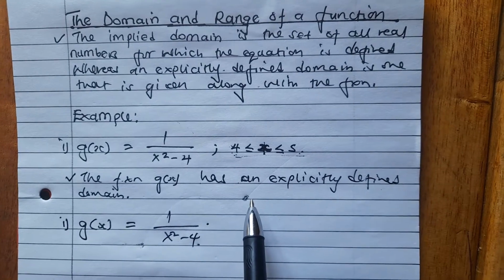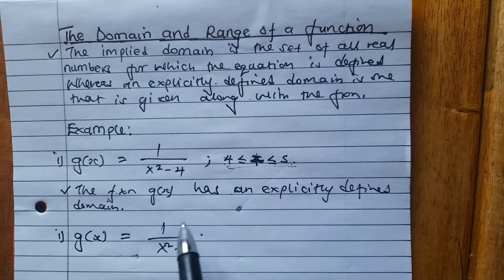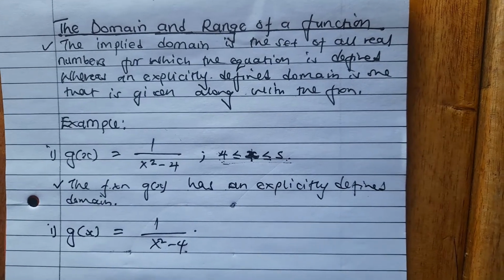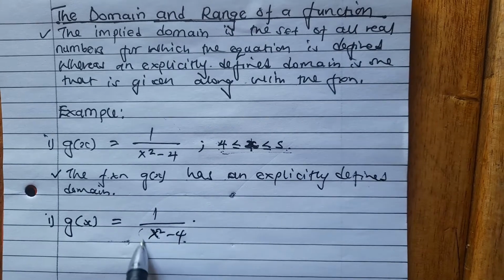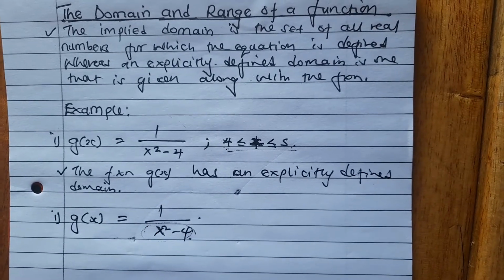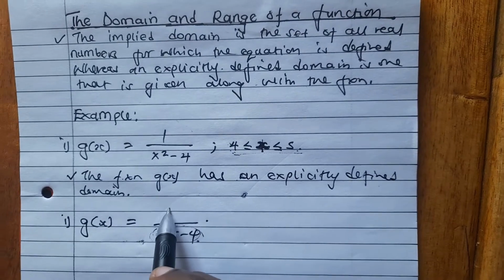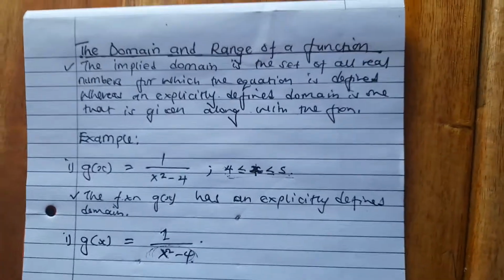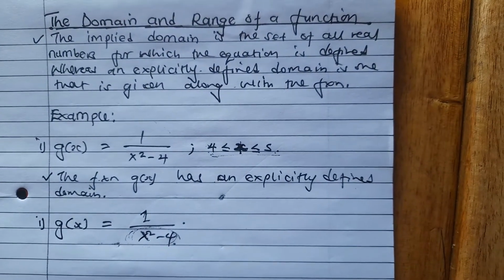What is that value of x? When you substitute it into this function, you will not get an output. If I work out the denominator and get 0, it means I'll be having 1 divided by 0, and we know that the division of a number by 0 is impossible.